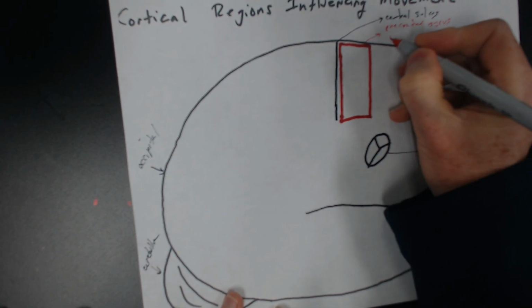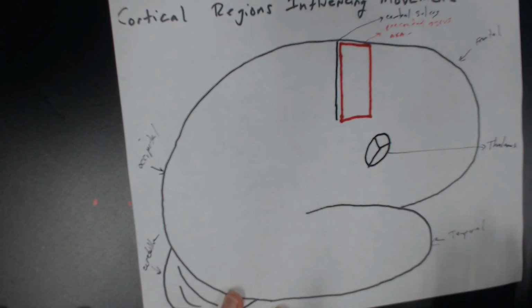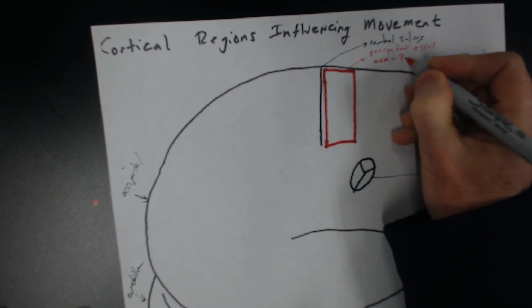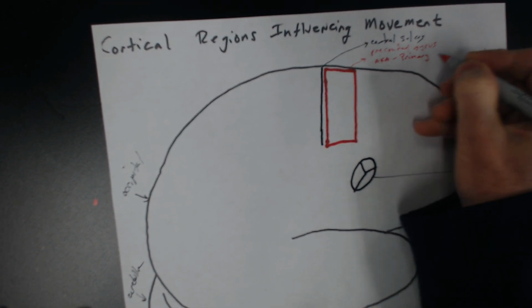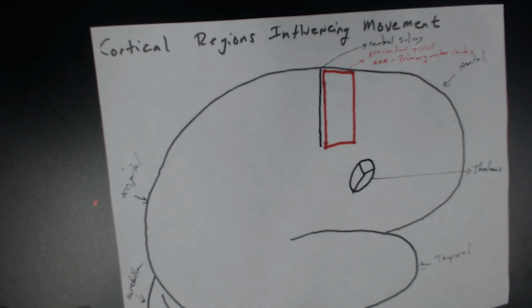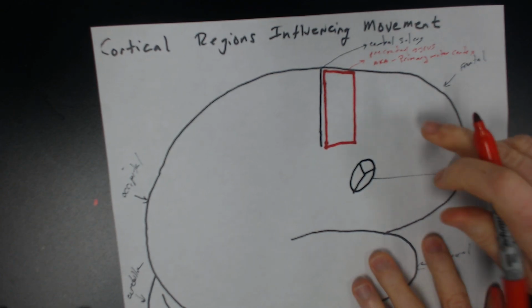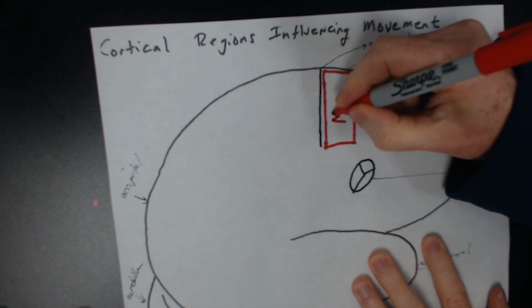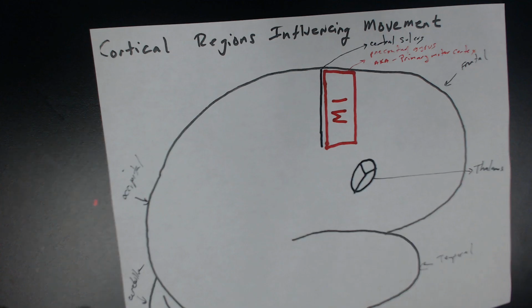It's also known as primary motor cortex, and we're going to learn a new way to represent this area today. Since it's the primary motor cortex, we're going to call it M1, or motor 1.